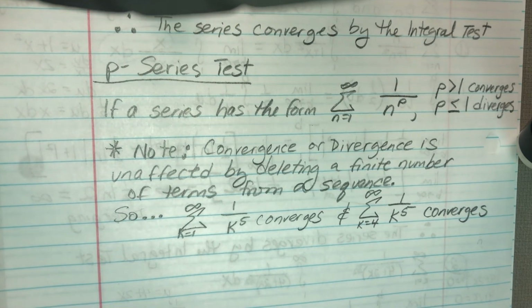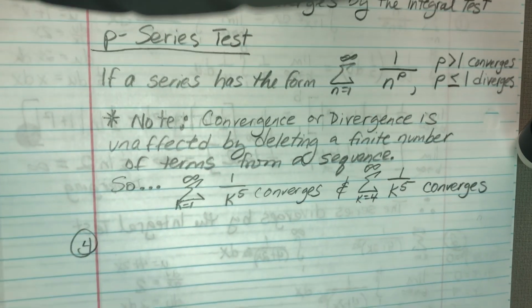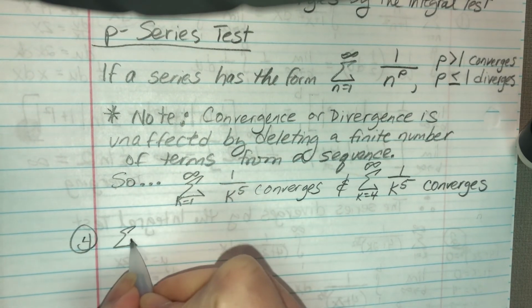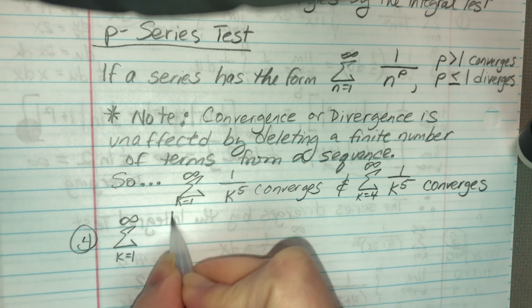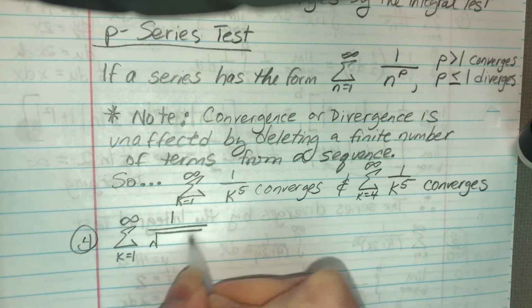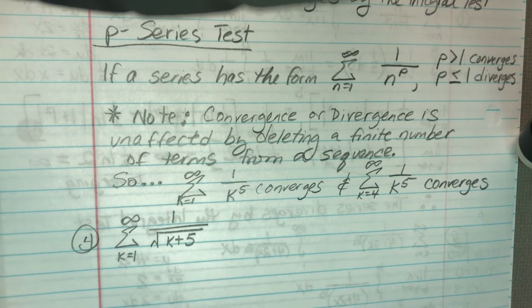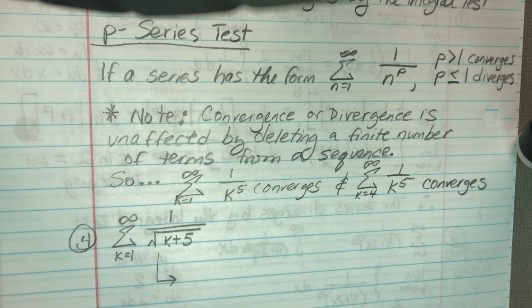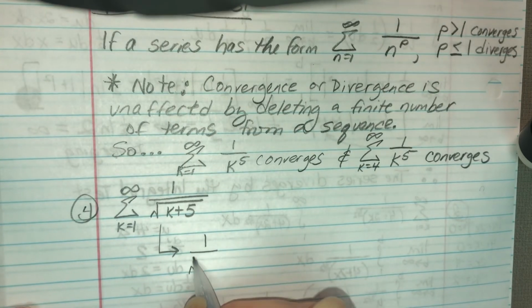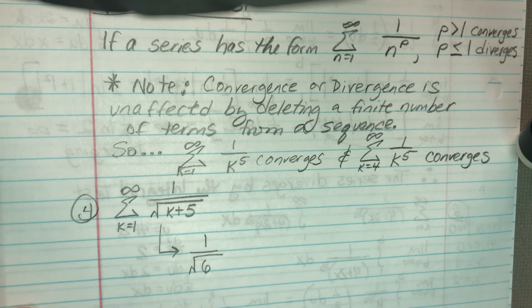So let's take a look at example 4. If I have the sum from k equals 1 to infinity of 1 over the square root of k plus 5, I want you to think about what this series looks like. If I substitute in a 1, it's going to be the square root of 1 plus 5, which would be 6 on the bottom.